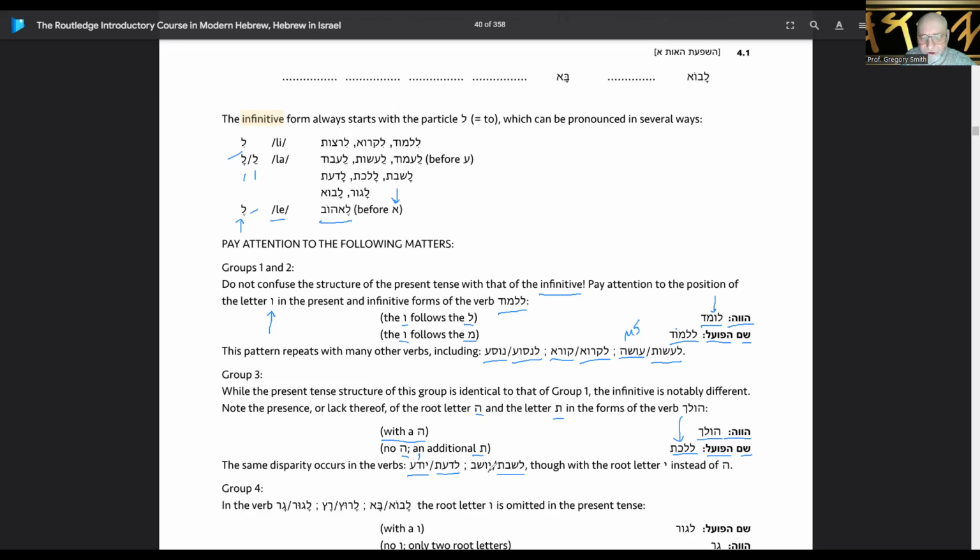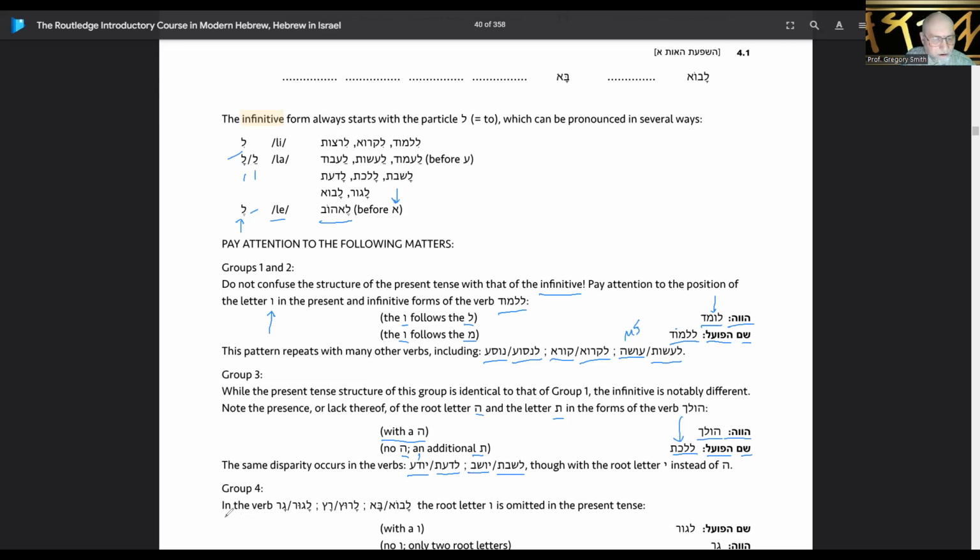Then we have yoshev, which is he sits. Right. יושב. Now he is sitting, rather. It's in the Shem Hapoel. He is sitting. Yoshev. יושב.